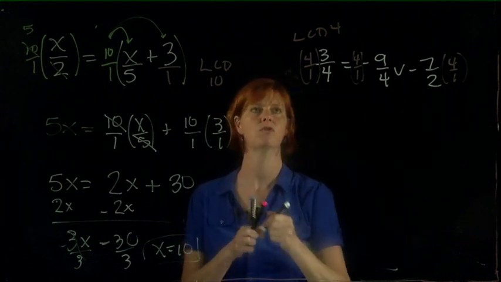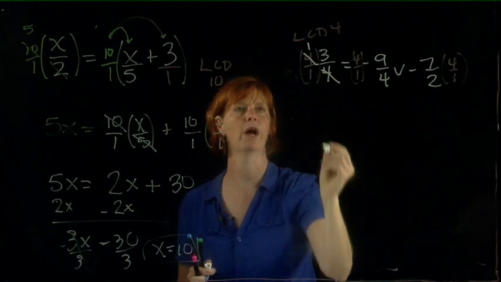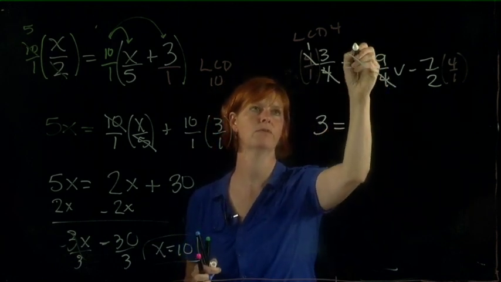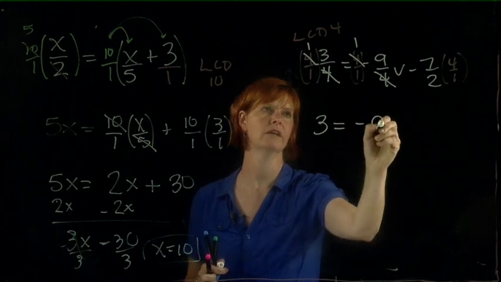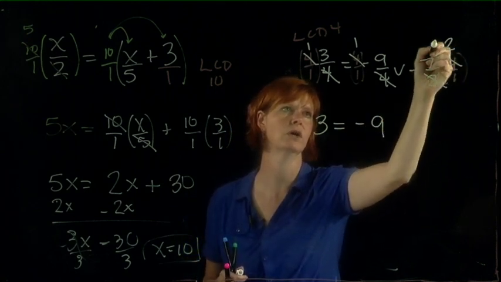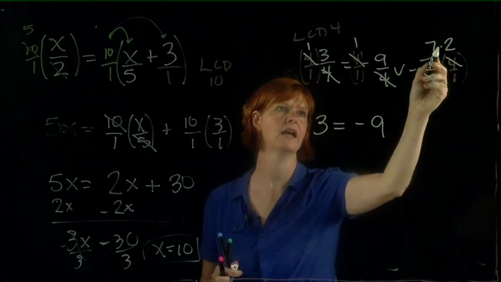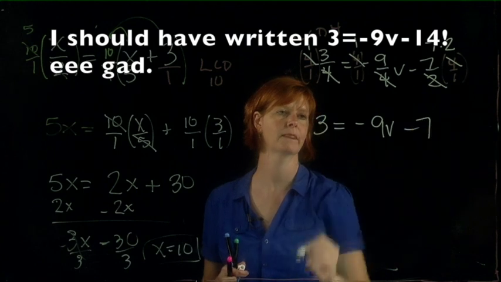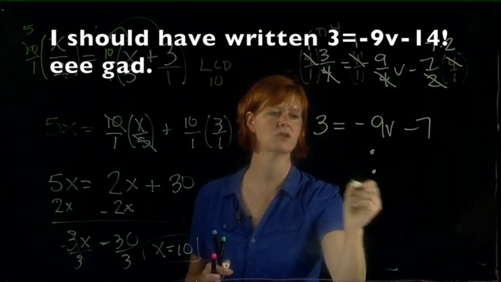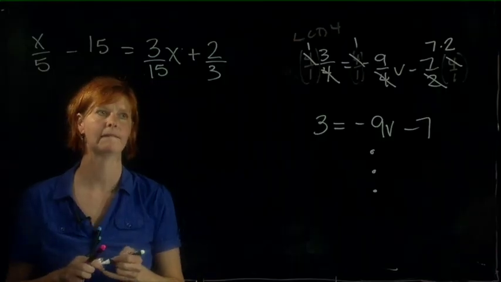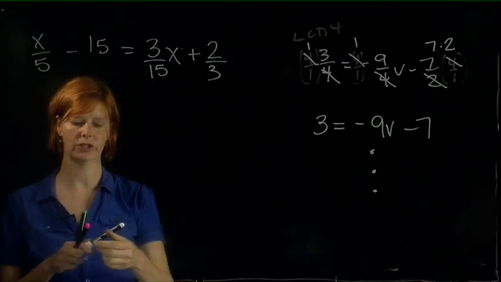So 4 divided into 4 is 1. That gives you 3 on the left. 4 divided into 4 is 1. That gives you negative 9. Now this one's a little different. 2 into 4 is 2, but you still have that negative 7 right there. Now I'm going to cheat and just go dot, dot, dot, because you can finish that there.